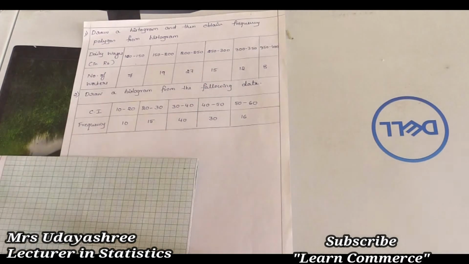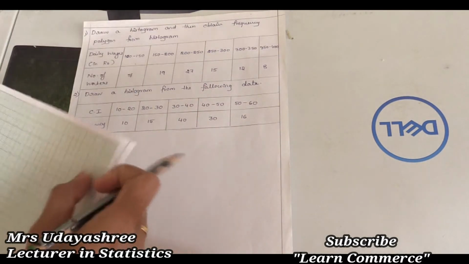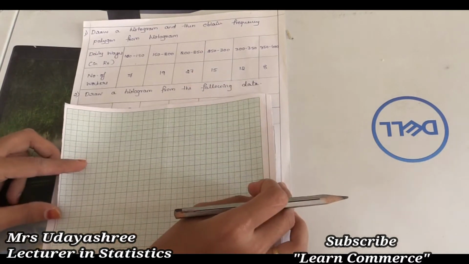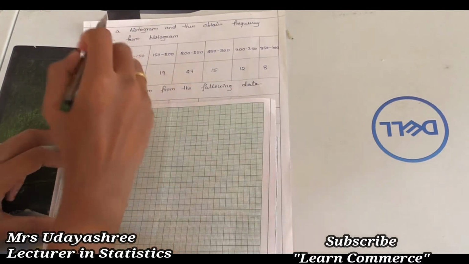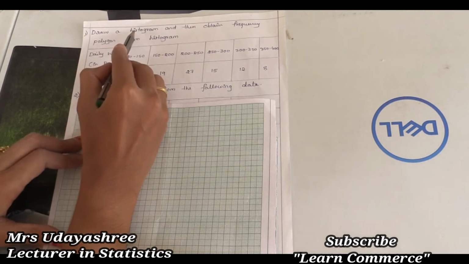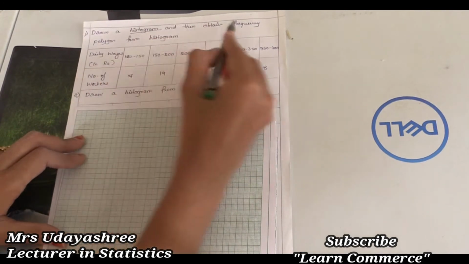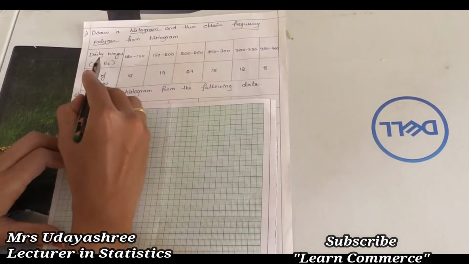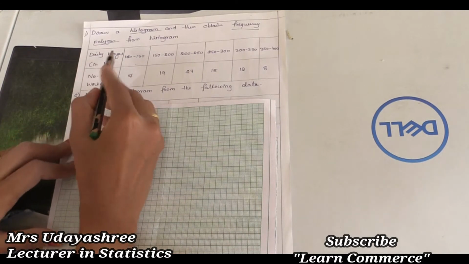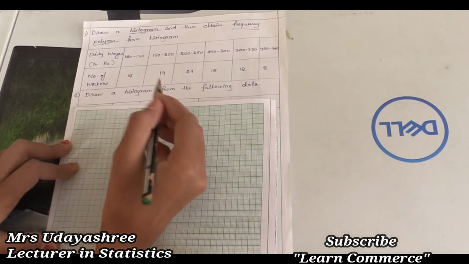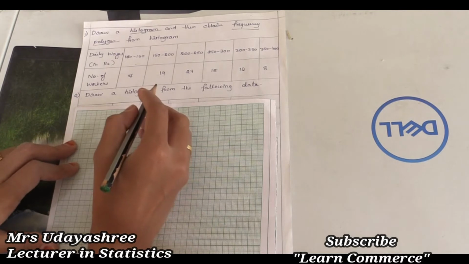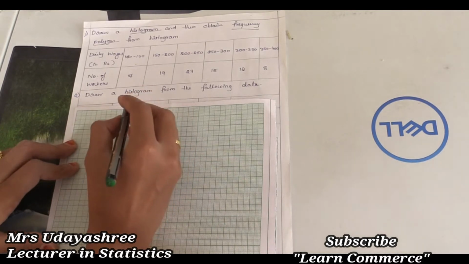So first we need to draw the histogram. Before drawing the histogram, we need to write a title. Here we need to draw a histogram and frequency polygon, and the given information is daily wages and number of workers. Therefore a suitable title is histogram and frequency polygon of wages of workers.